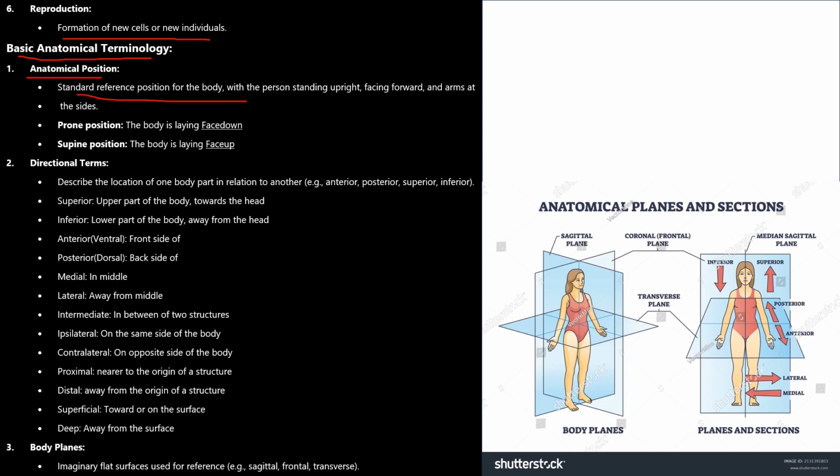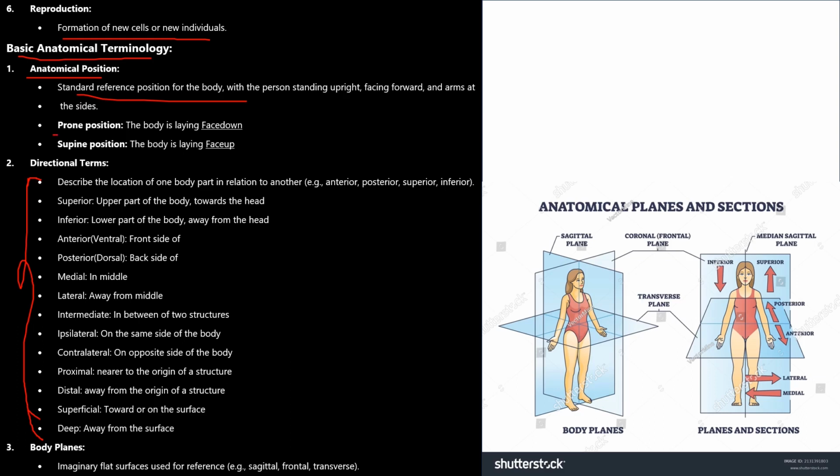But here, while handling the subject of human anatomy and physiology, you will come across a variety of terms representing the directions, planes and sections of the body. You have to keep these words in mind and understand what they represent.